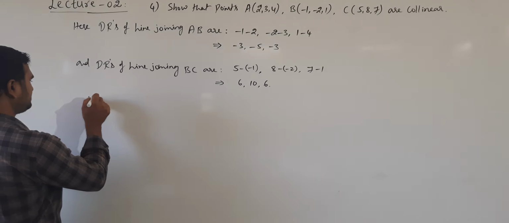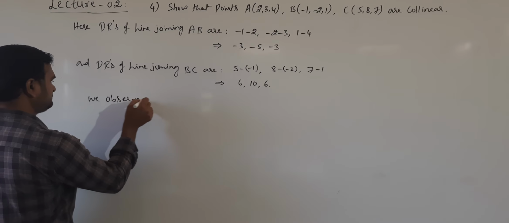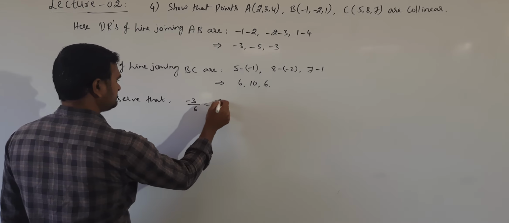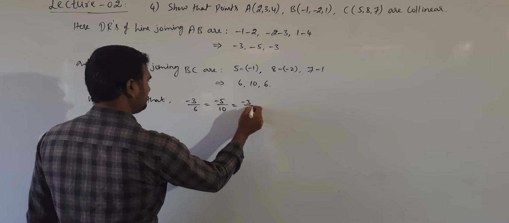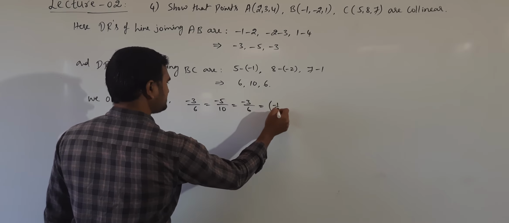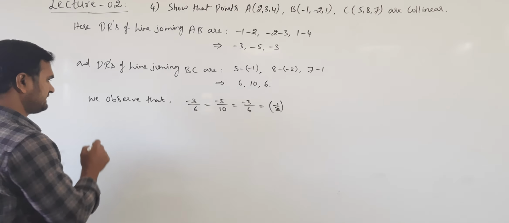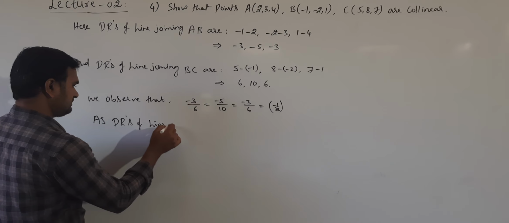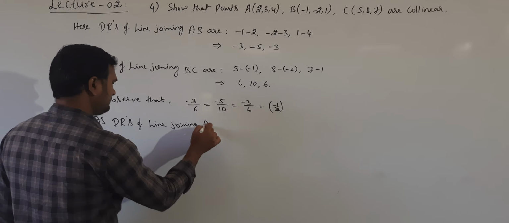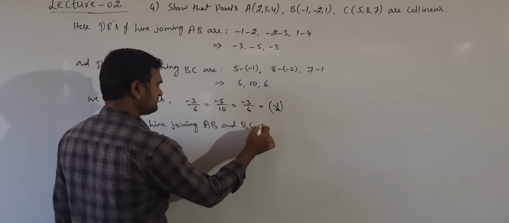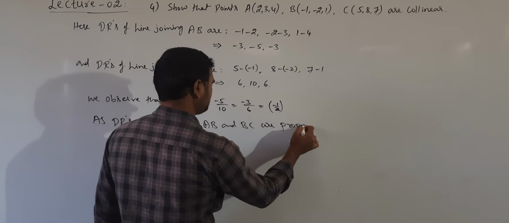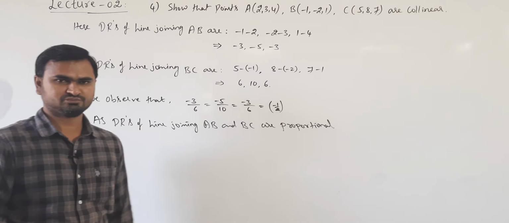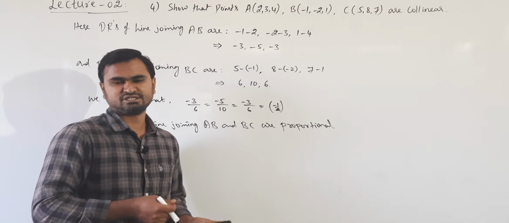So we observe that -3 by 6 is equal to -5 by 10 is equal to -3 by 6 is equal to -1 by 2. As the DRs of the lines joining AB and BC are proportional, we may get proportional, or sometimes we will get equal also, which is proportional with the ratio as 1.